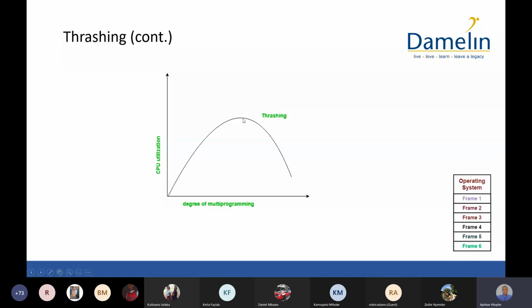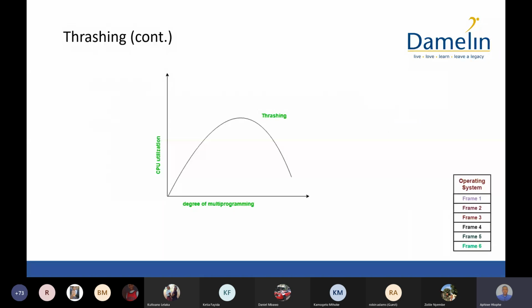And there are also going to be more page faults triggered. Remember, a page fault or page interrupt occurs when there are not enough pages of a process within the main memory, so it has to go back to the MMU and the secondary storage to ask for those missing pages from the page table. So that's the concept of thrashing.